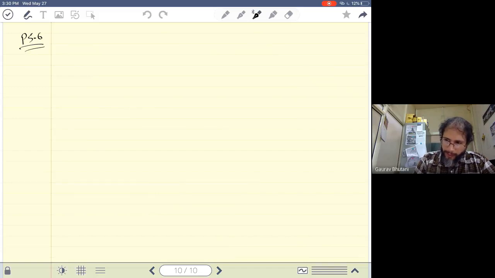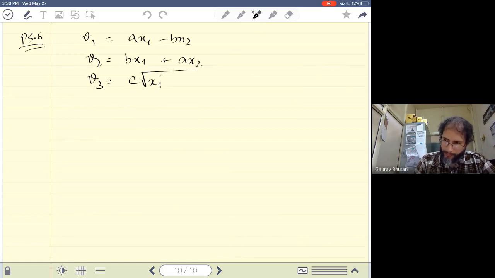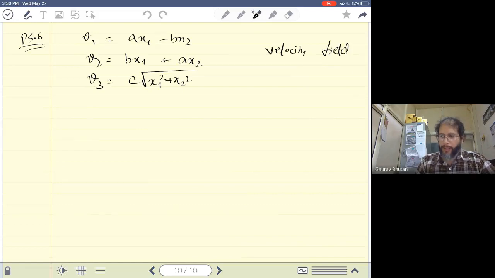The velocity field is given to us, so we have the three components of velocity, showing dependence on x1, x2, and x3, and A, B, and C are constants here.